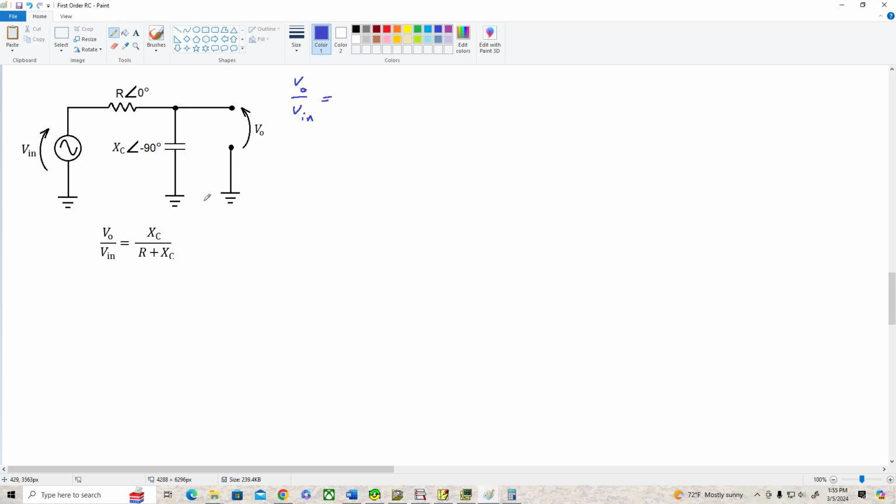And in polar form, this would be X sub C at negative 90 degrees divided by R at 0 degrees plus X sub C at negative 90 degrees. Okay? We've seen that many times before. And the rectangular form is going to be negative j X sub C over R minus j X sub C.